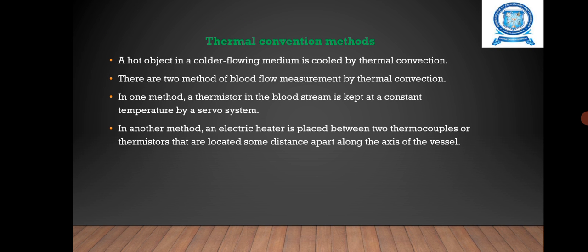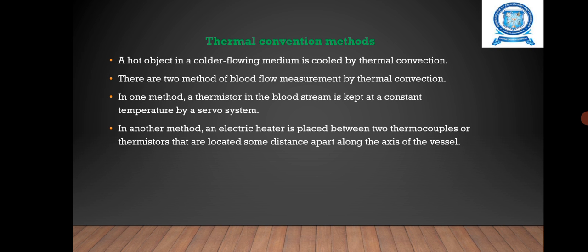The next one is the thermal convection method. A hot object in a colder flowing medium is cooled by thermal convection. There are two methods of blood flow measurement by thermal convection. In the first method, a thermistor in the blood is kept at a constant temperature by a servo system.